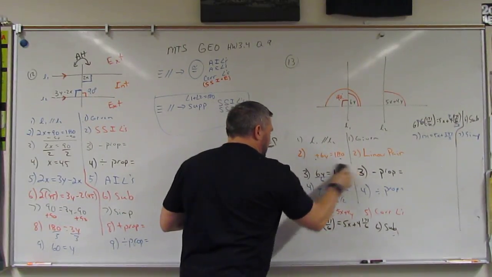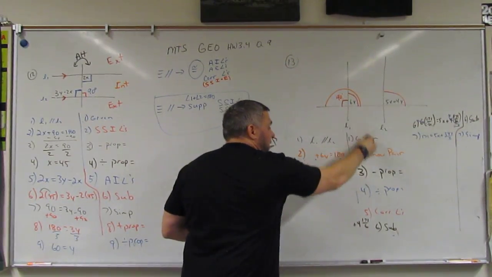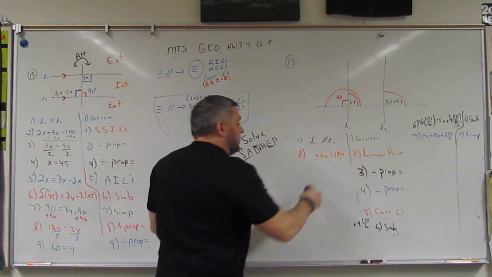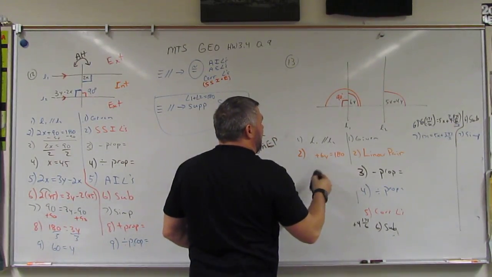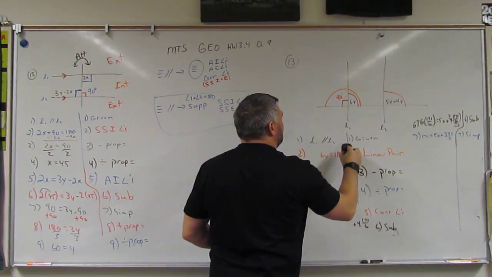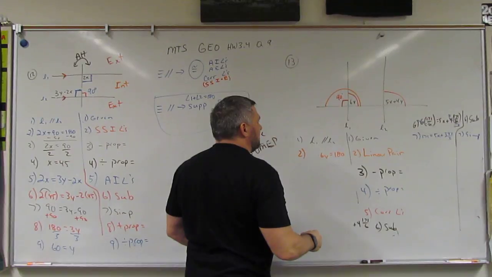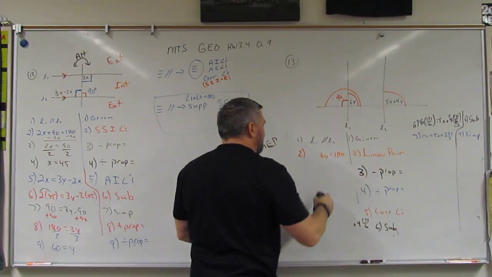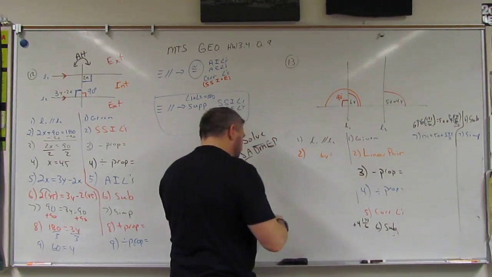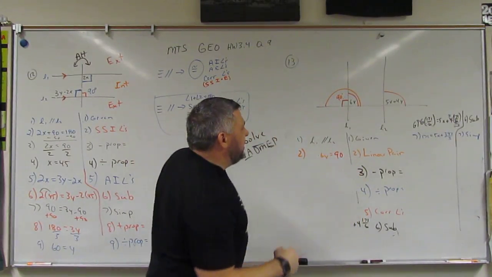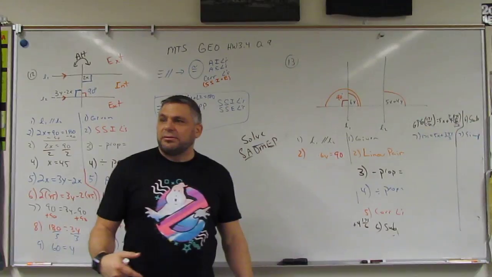That's wrong, that's all wrong. But you know what? This is going to be correct. That's exactly what we're going to do. All we have is 6y equals 90, right? That'll be easy. 6y equals 90 because of their linear pair.